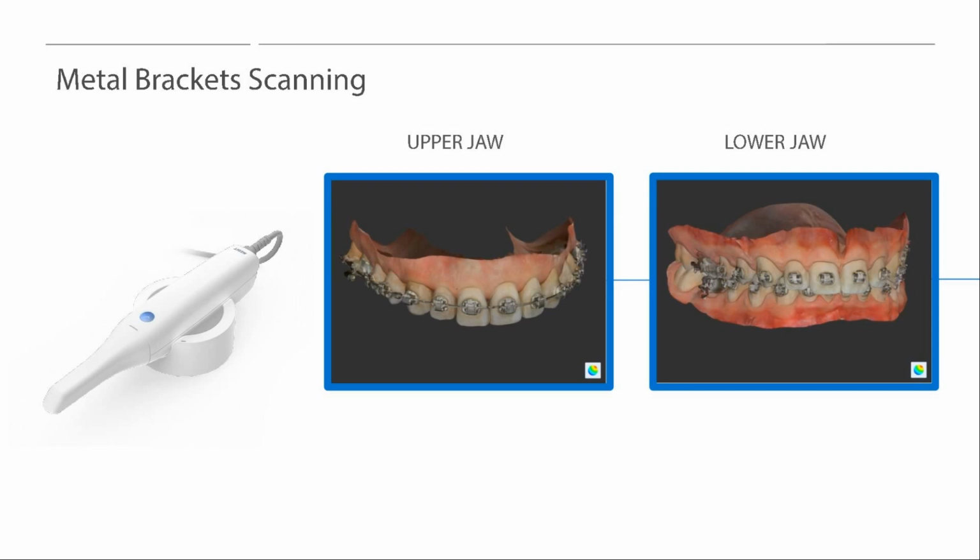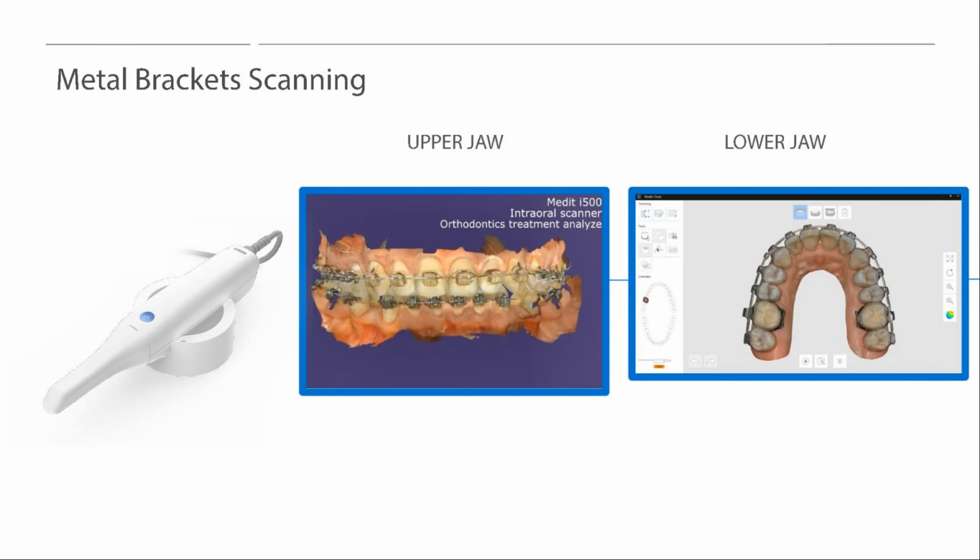As you can see, we have many cases here that we have captured already without using any spray. But even if you use spray, please do it in a very conservative way. We need as little spray as possible, because a lot of spray deforms the data.